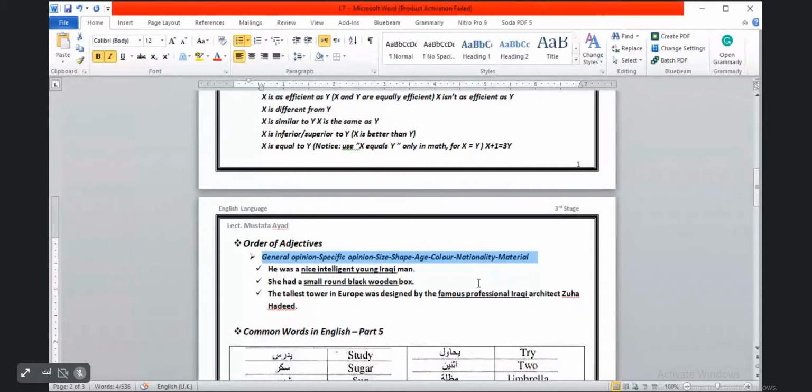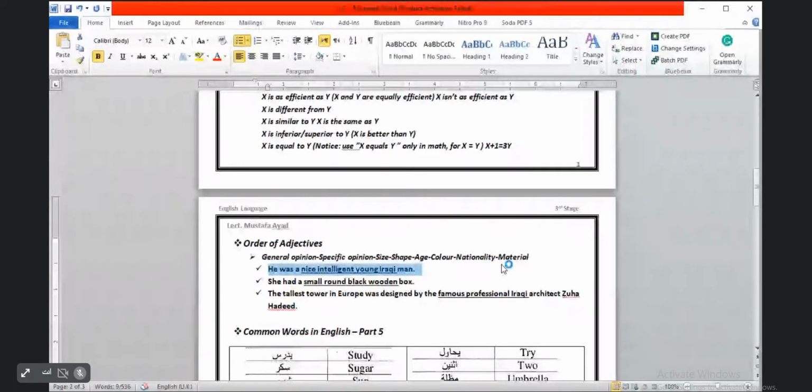Let's look at the examples and see how adjectives are put in the correct order. شوف انتبهوا وياي هاي الأمثلة. He was a nice, intelligent, young Iraqi man. لاحظ. صفة النايس تمثل الجنرال اوبينيون إنه هو شخص nice يعني cute or friendly or kind. هذا بشكل عام.